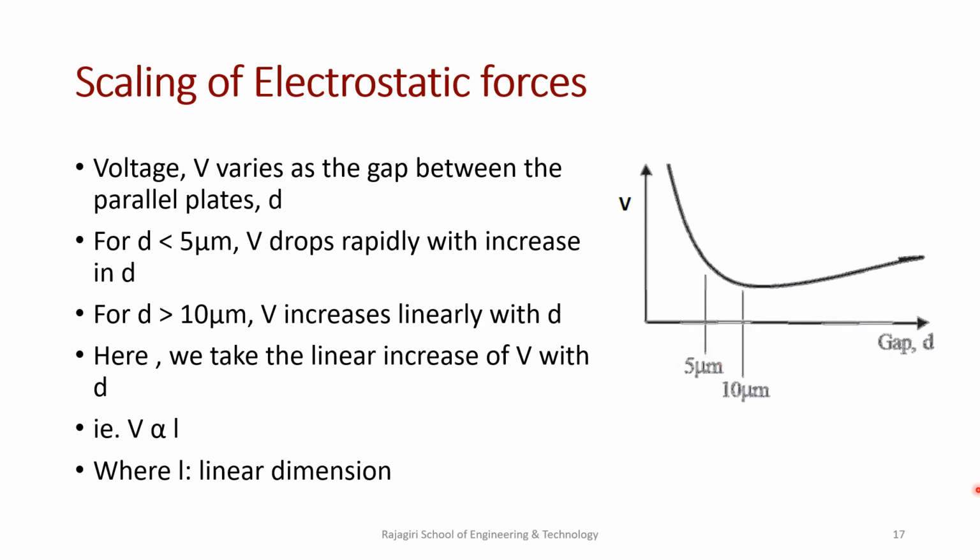As the gap D becomes greater than 10 micrometers, the voltage V increases linearly with D. That is shown in this portion of the graph. We can thus assert that the applied voltage V is proportional to D, or in scaling, we can say that voltage V is proportional to L raised to 1 for the working range of D greater than 10 micrometers.